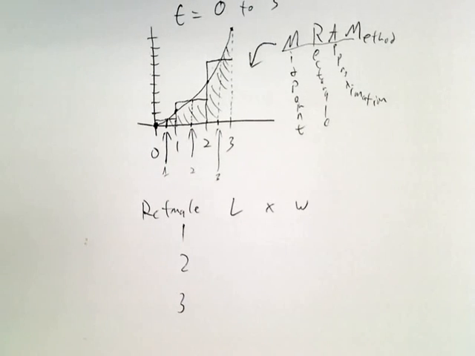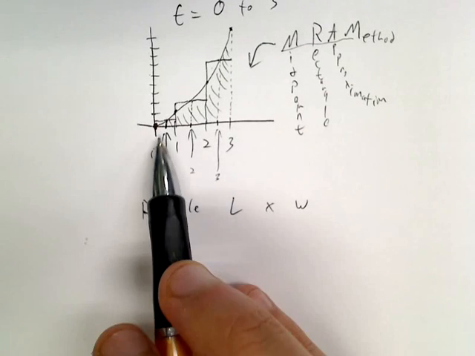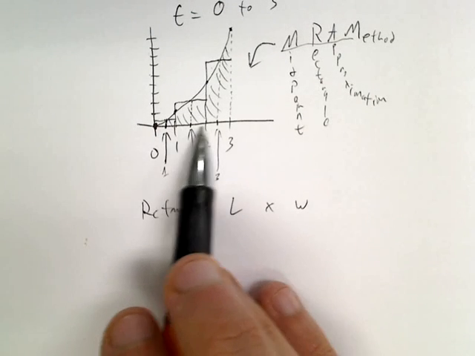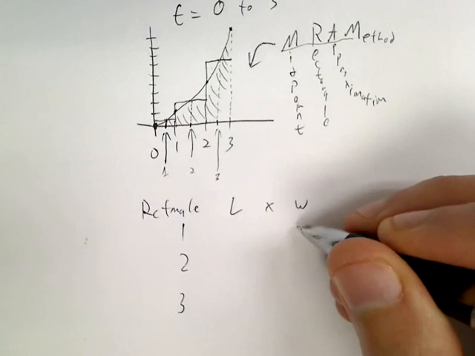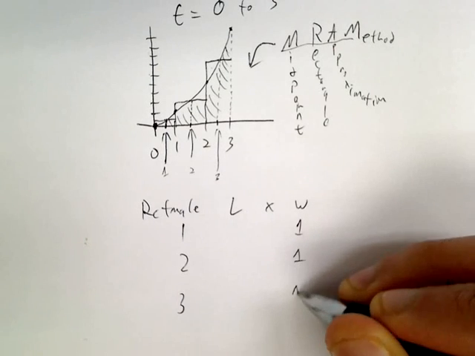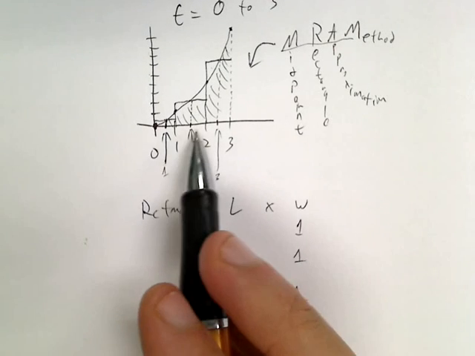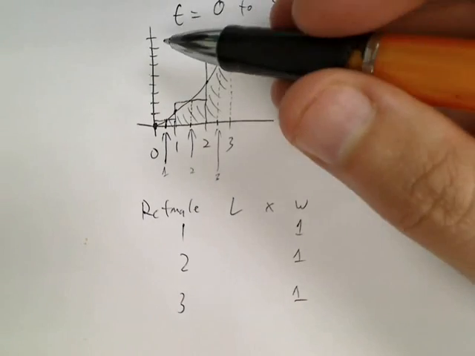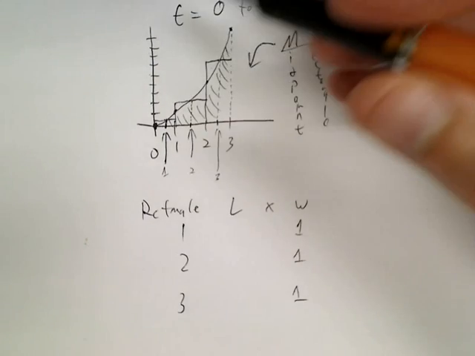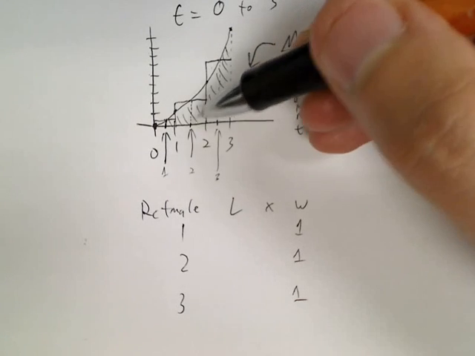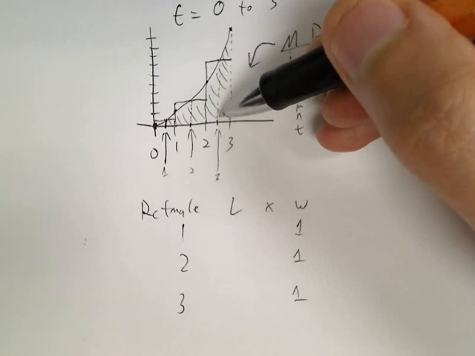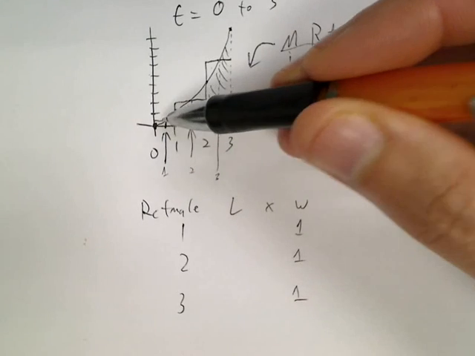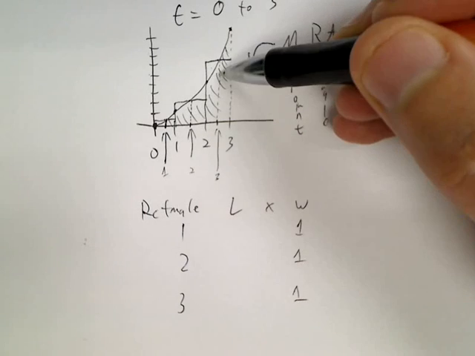Let's call this the width right here. The width of each of these rectangles is 1. So 1, 1, 1, and I made it 1 on purpose, so that would be easy later on. The height of the rectangles: this is at 0.5, this is 1.5, and this is 2.5. So I need to square each of those to see where they would hit the line.